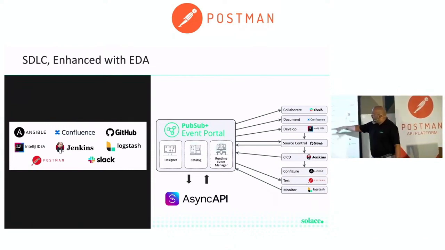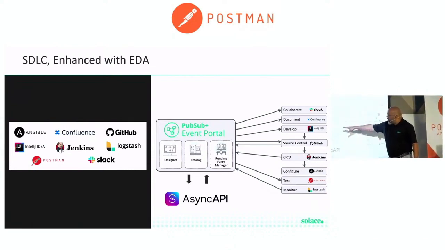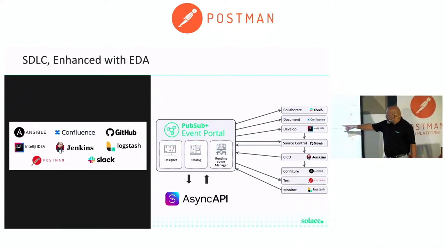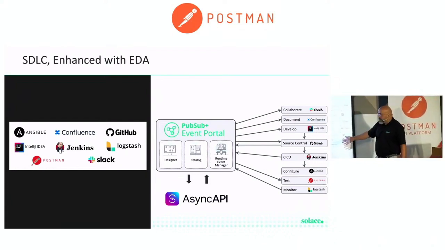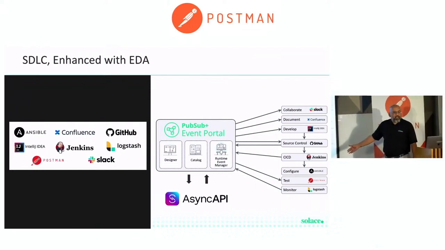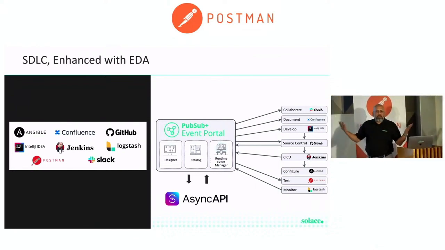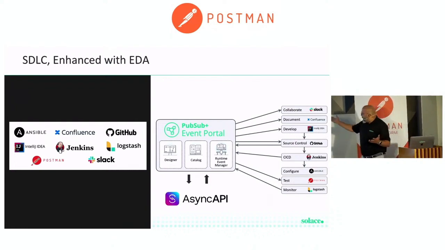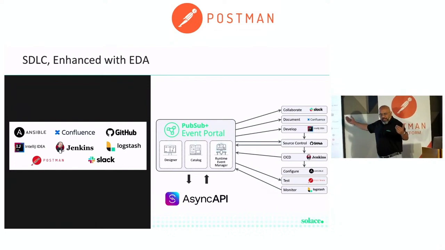But beyond that, this event management portal, where the tools for designing, governing, and managing exist, opens up APIs that help you collaborate with your SDLC tools today. Tell me how many of us don't use Slack. Tell me how many of us don't use Confluence, right? And all the way to the IntelliJ plugin, GitHub integration, CI/CD, Jenkins.